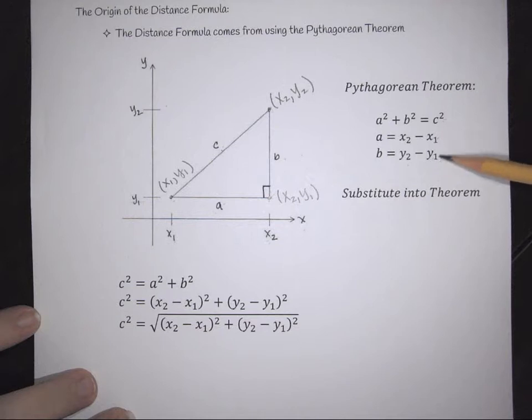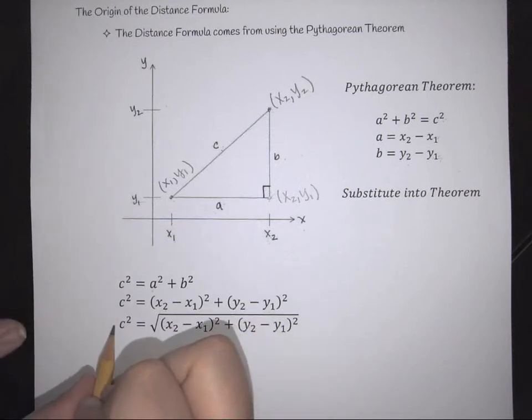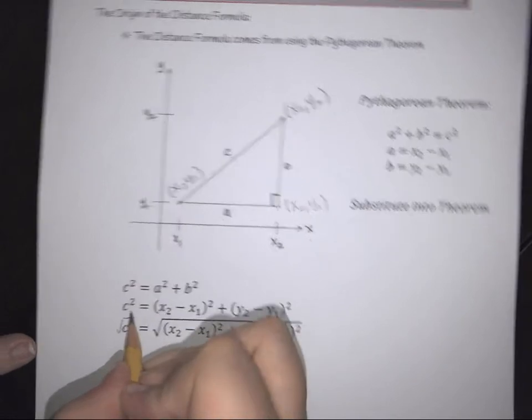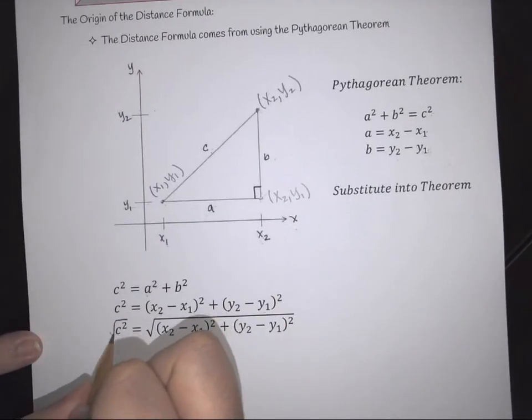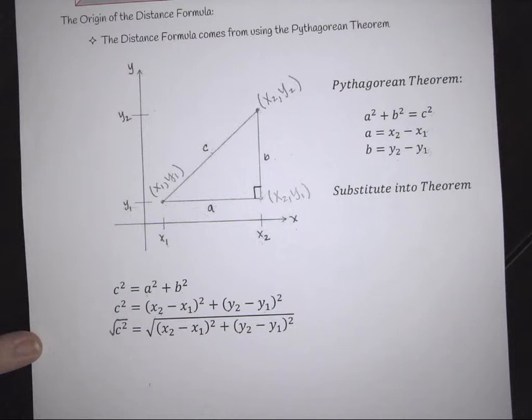B, which is this vertical length here, is going to be the difference between y2 and y1. So if we take these 2 and we substitute them in, notice your Pythagorean theorem changes. So instead of a squared plus b squared, now we have (x2 minus x1) squared and (y2 minus y1) squared. Now we all know that in order to find your c value, you have to take the square root of both sides.